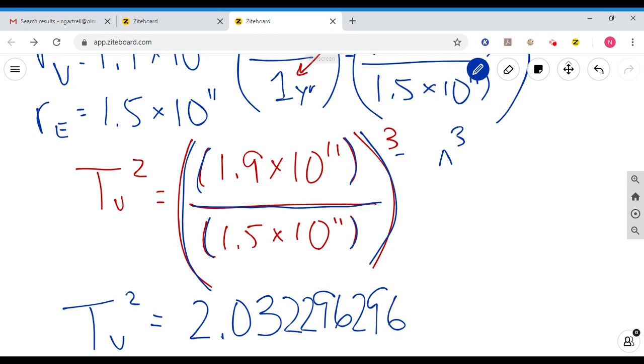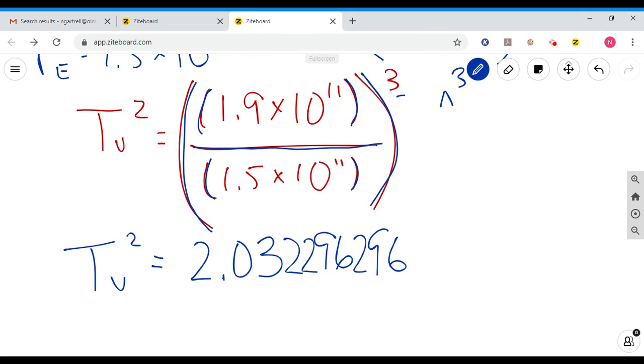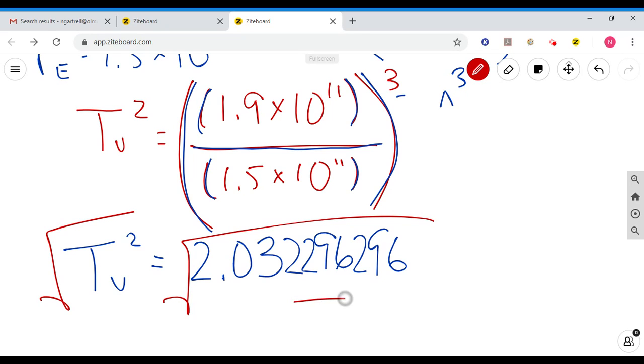I bet that repeats. Then to get your final answer, don't forget to take the square root. And give me this one in 1 decimal. So T sub u is equal to 1.4 years.